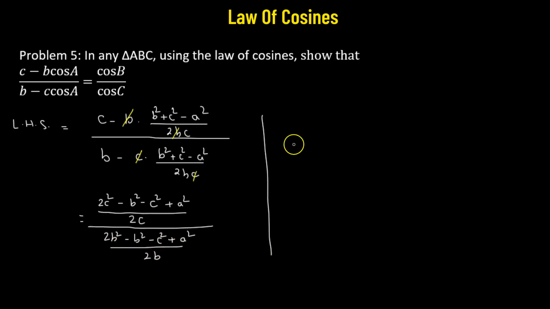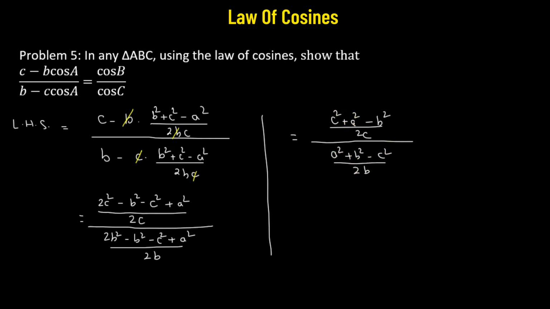This can be rewritten as, in the numerator we're going to get C squared plus A squared minus B squared over 2C, whole divided by A squared plus B squared minus C squared divided by 2B.